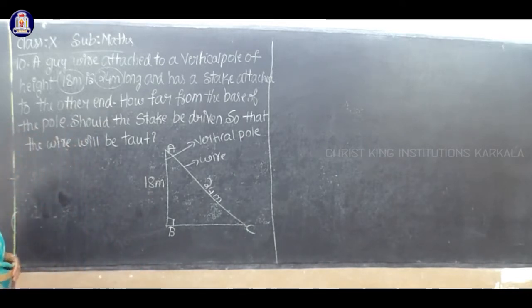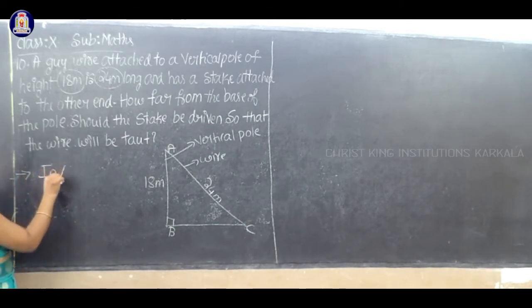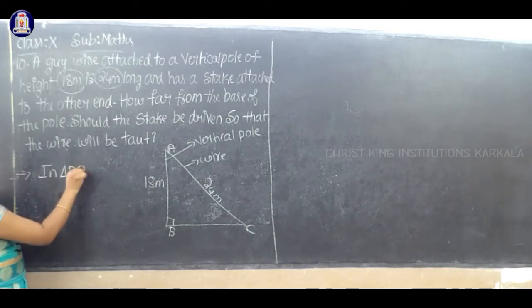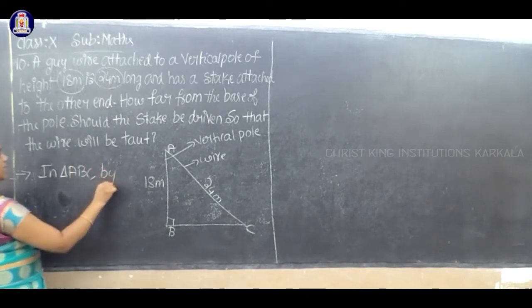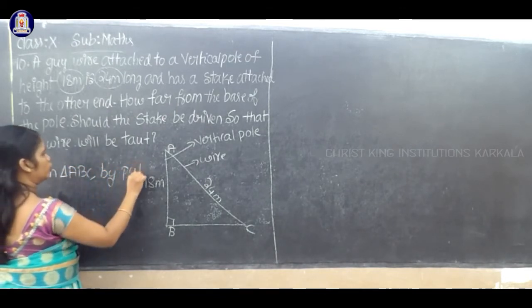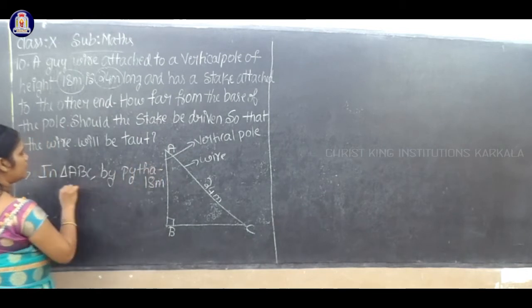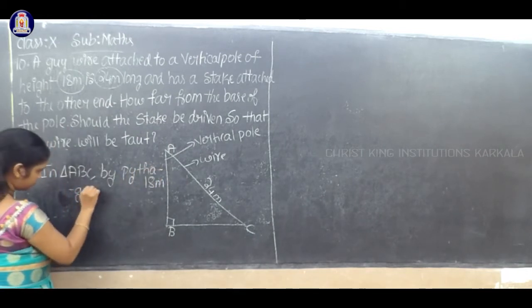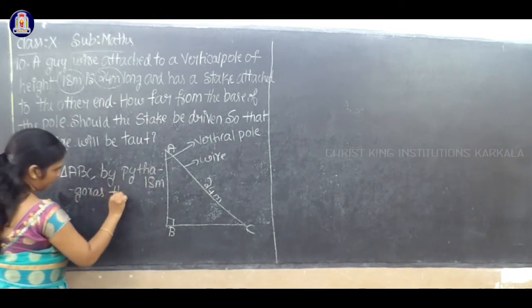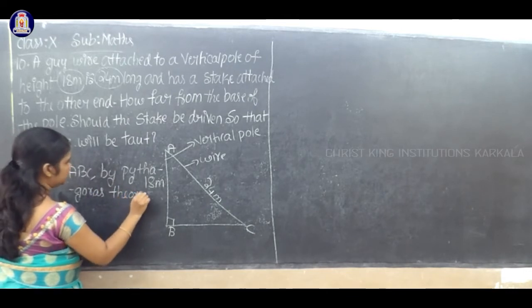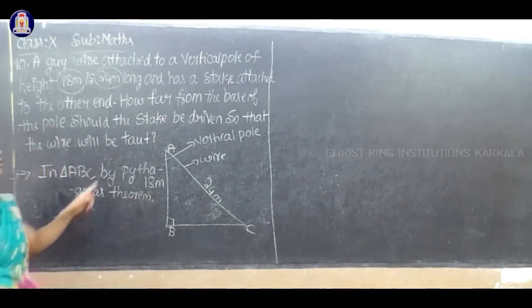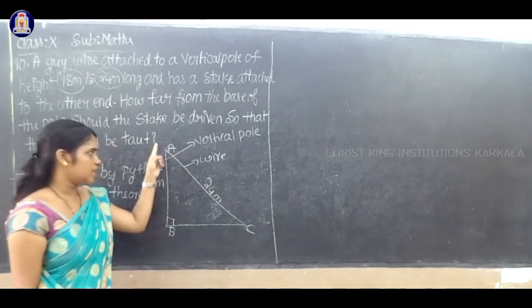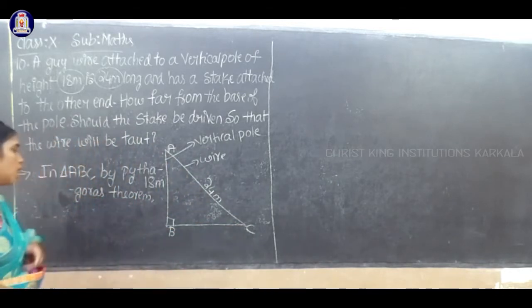So here I will write the solution. In triangle ABC, by Pythagoras theorem. Applying the Pythagoras theorem, what does it say? The square on the hypotenuse. So which side is the hypotenuse here? AC is your hypotenuse side.